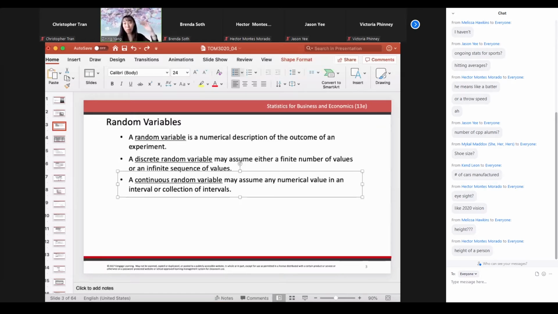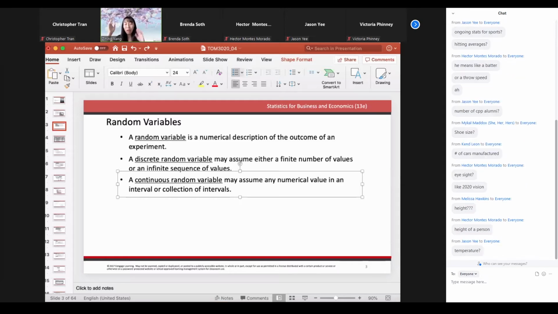If we have a very precise measure, we can see, oh, are you 5'5" or 5 feet 5.25 inches? Or are you 172.53 centimeters? So yes, height can go as many decimal places as you want. There's no gap. People could be taller, shorter, any value. Yes, temperature, very good.